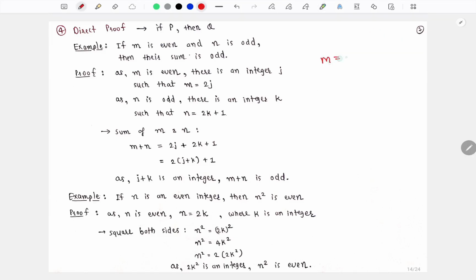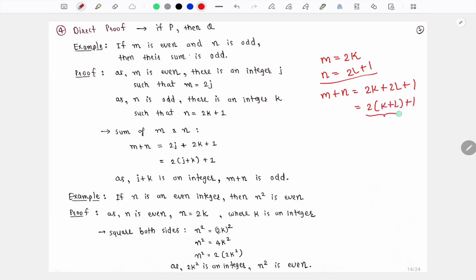If we take M is equal to 2k and N is equal to 2l plus 1, because N is odd, we can write the sum M plus N as 2k plus 2l plus 1. If we take 2 common, 2 into k plus l, plus 1.